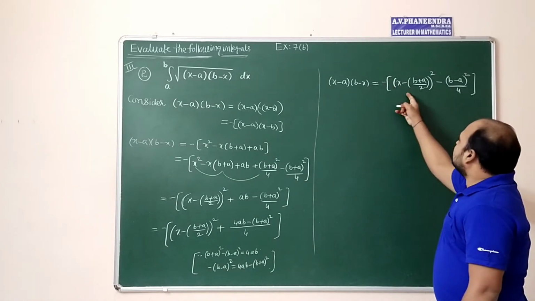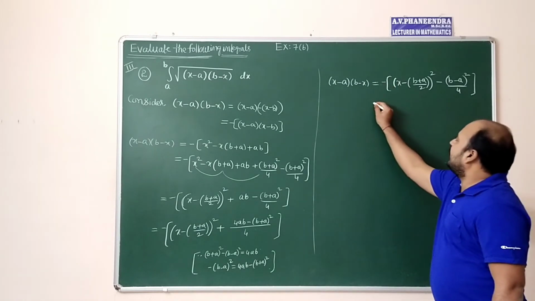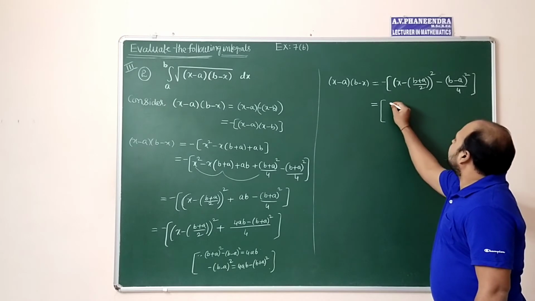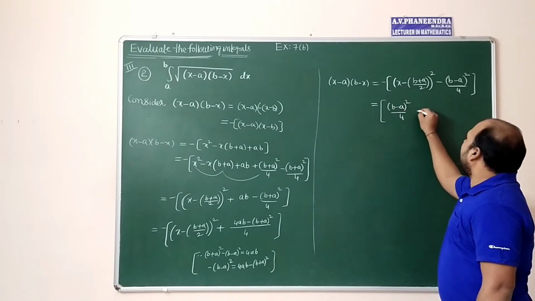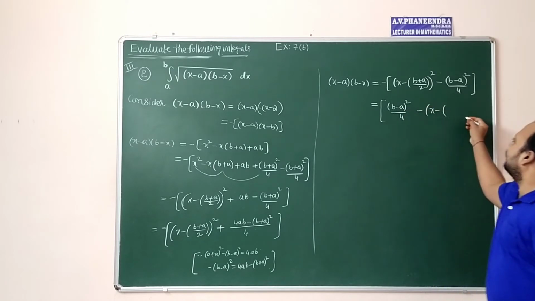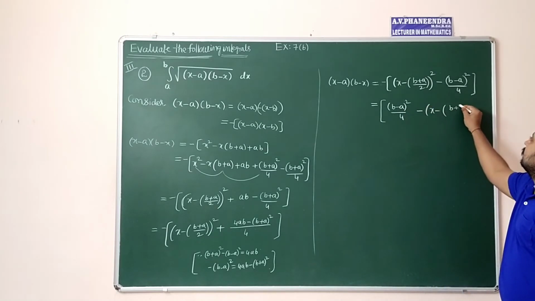Multiply with minus each and every term of this bracket, it becomes first (b minus a) whole square by 4 minus (x minus (b plus a) by 2) whole square.